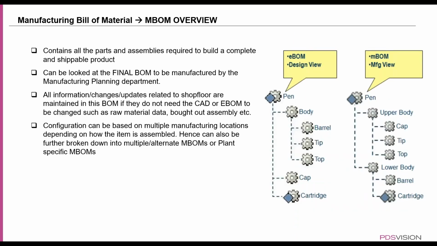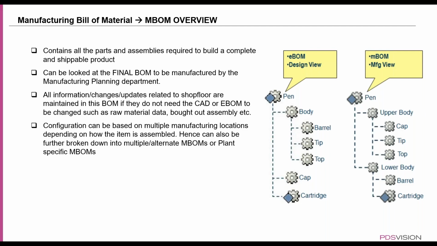And then once the EBOM has been created, we can also do something called the MBOM. Because the guy on the manufacturing side doesn't build or look at the BOM the same as the design BOM, because the way a product is built is quite different to how it was designed.